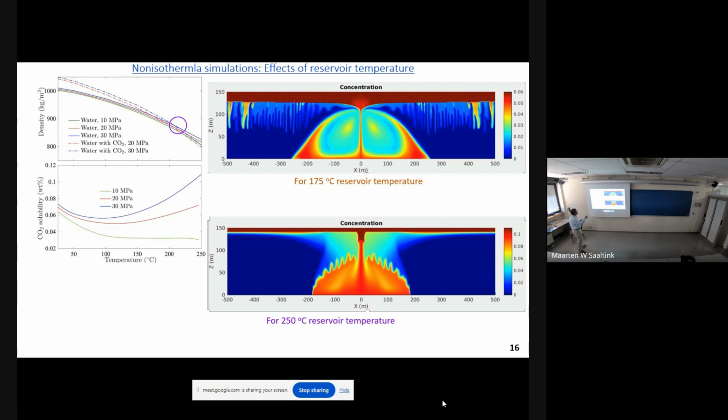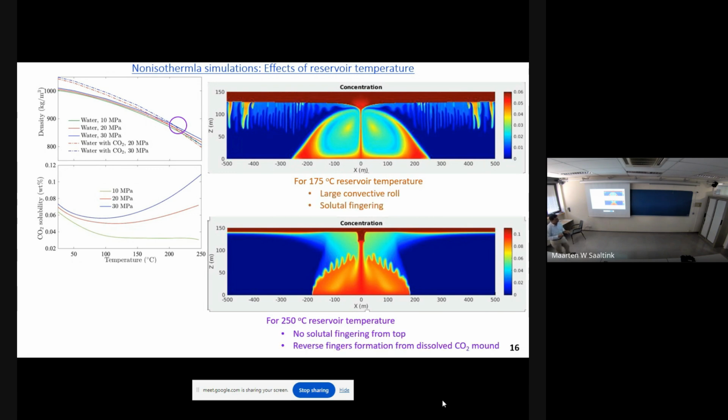So there is an intersection between the curves. In that case, there will be no solutal fingers, but thermal convection will happen, and from the mound of the CO2 here, some fingers will form in opposite directions. I didn't bring the movies, but the movies are very interesting. Of course, I could show them anytime later.